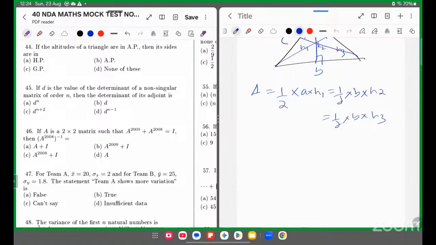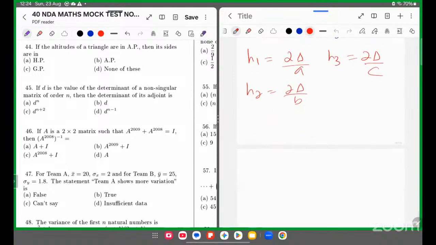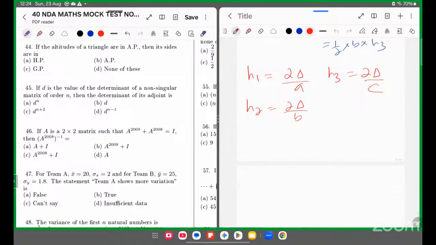Since these are all equal, I can say that the height H1 equals 2 delta by A, H2 equals 2 delta by B, H3 equals 2 delta by C. Here 2 delta is common for everything.